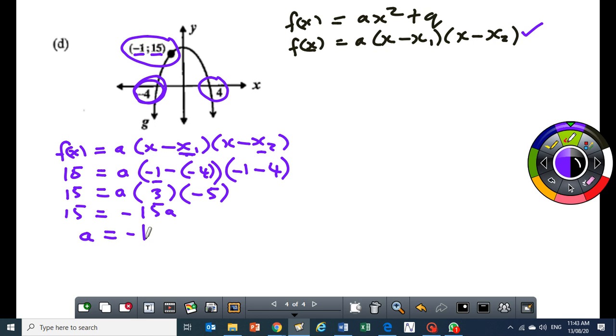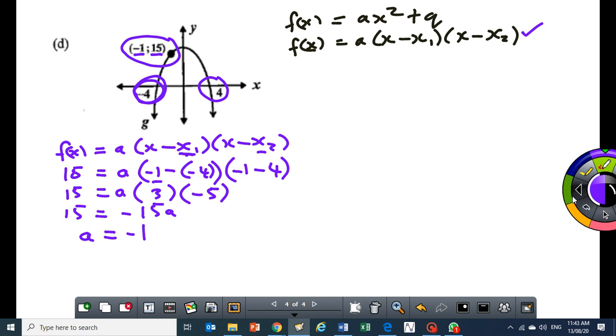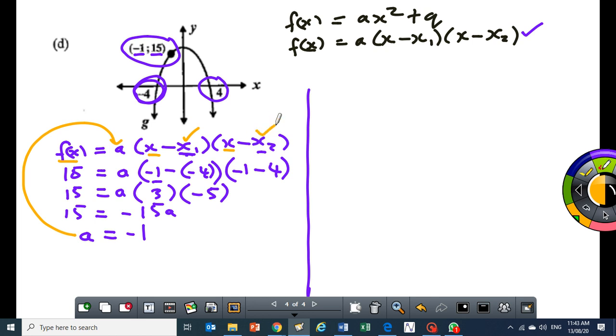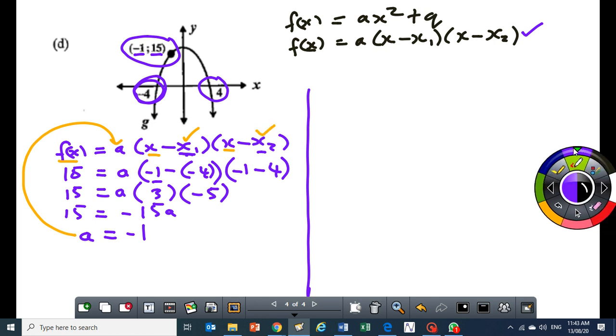So our a is minus 1. Once you get the a value, you substitute the a value back into that equation. Then you don't put a y, you don't put x. You put x1, you put x2.